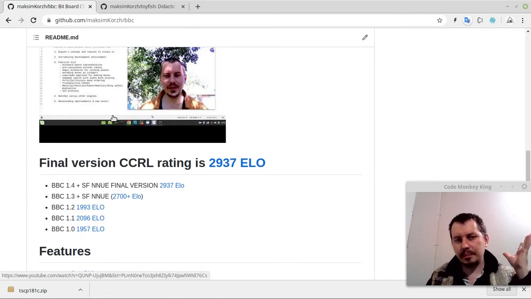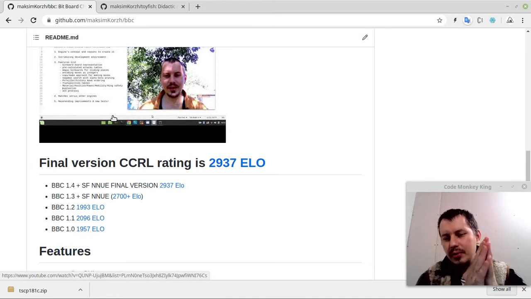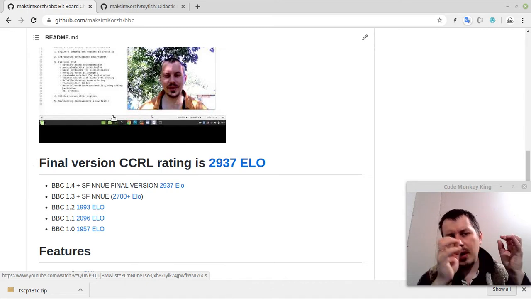Now, what I try to do in this project: the problem with Vice was that it wasn't really that strong, but it's not even a matter of strength, it's a matter of how you can develop from there. If you don't have enough features implemented, you need to implement them from scratch, and if you don't know how, that's a bit of an issue.